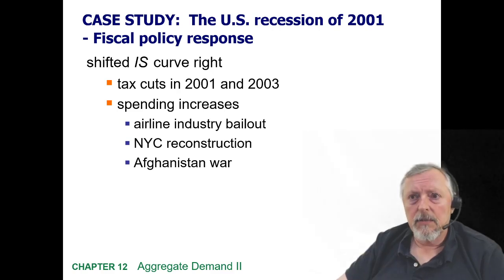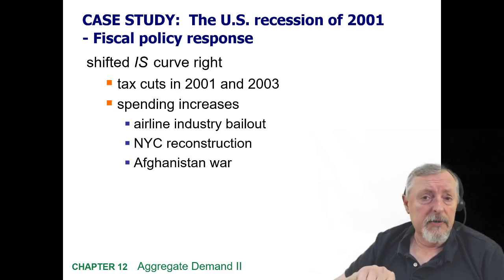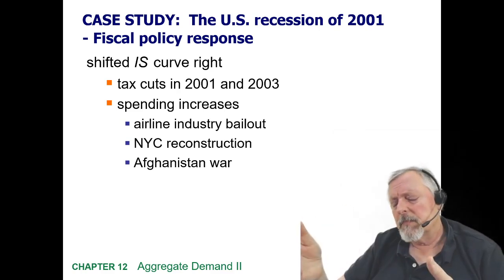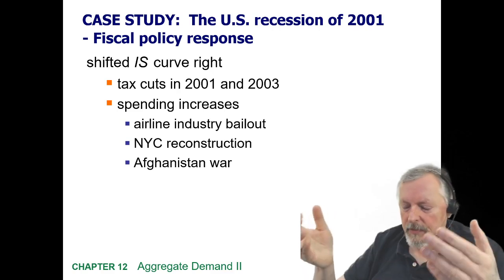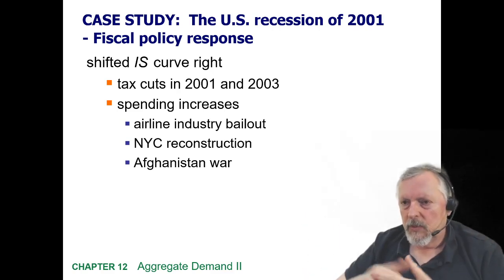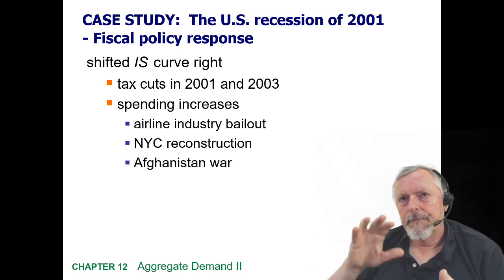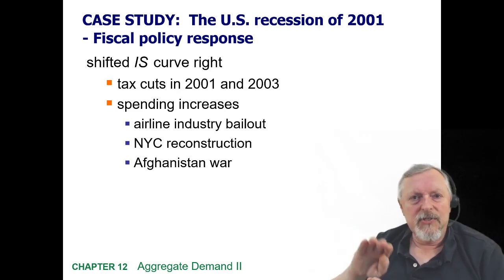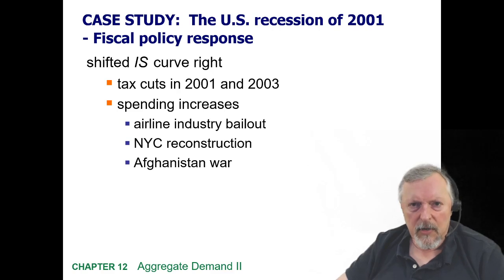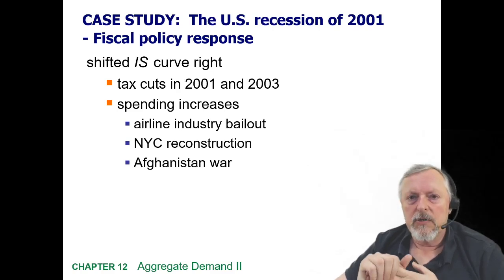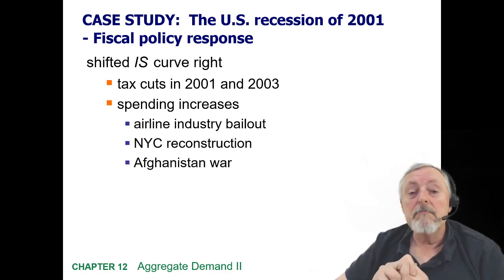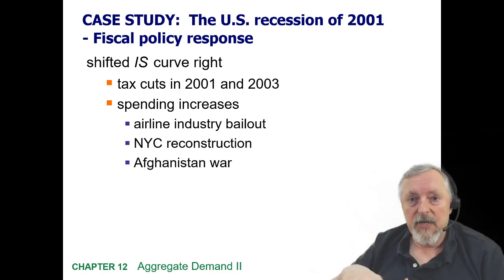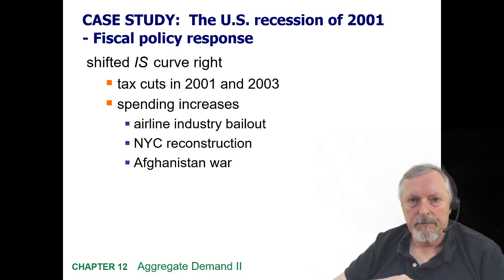Another spending bill was to bail out the airline industry because, again, you weren't really around at the time. Because the attacks used commercial aircraft, the first thing that happened was all non-military aircraft over the entire United States were grounded. There were no flights.